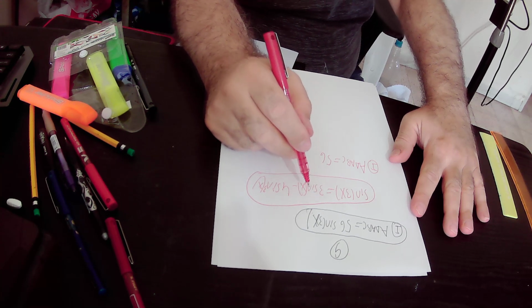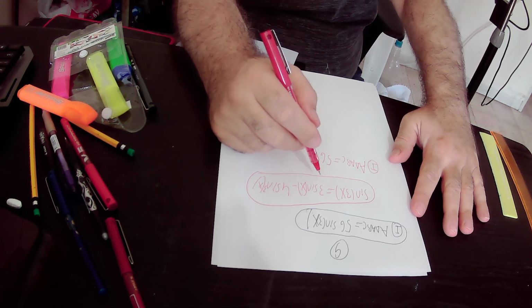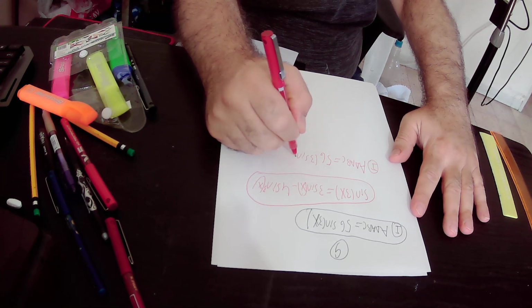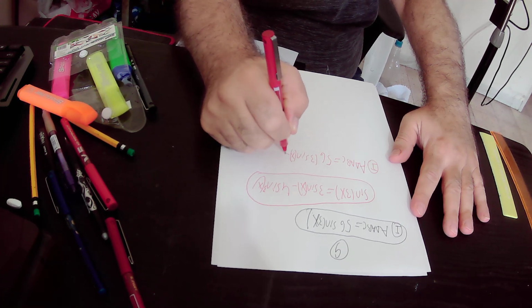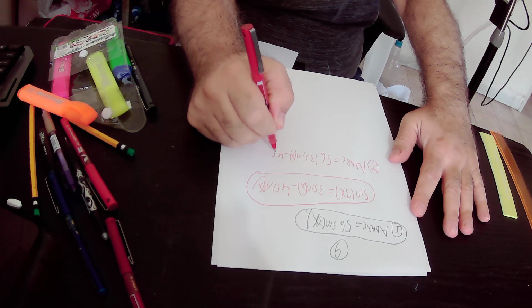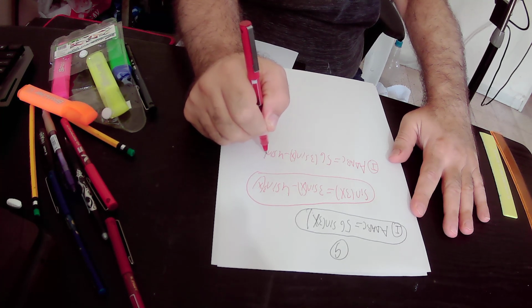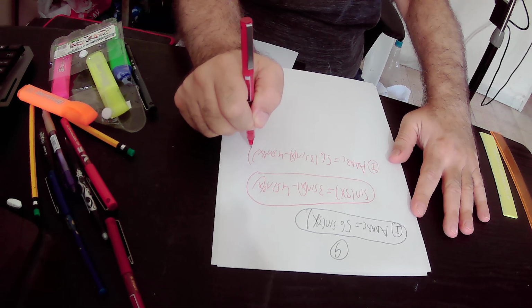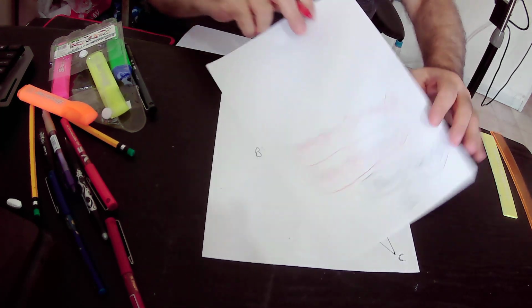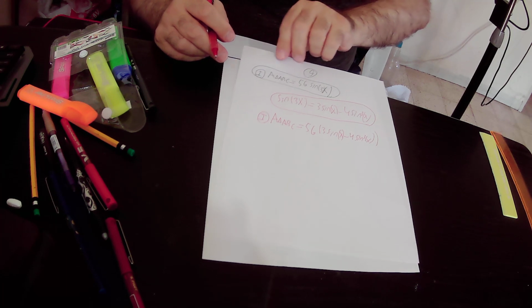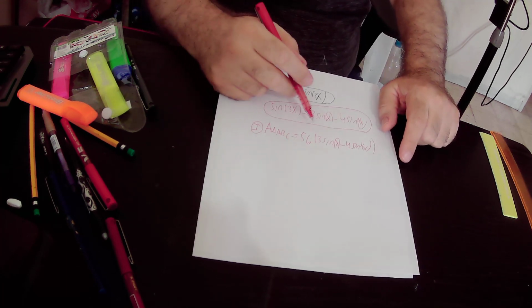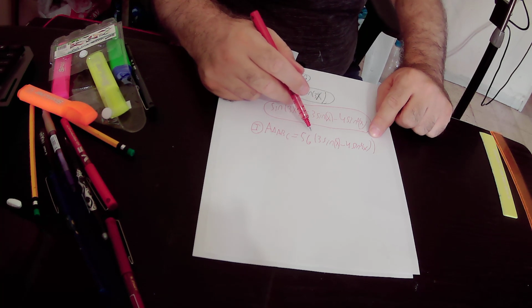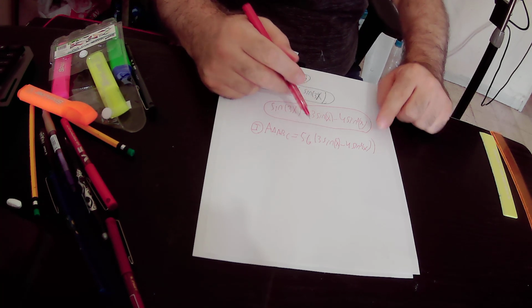Instead of sine 3x, we'll write down 3 sine x minus 4 sine cube x. So here we'll take a common factor sine x from this equality.